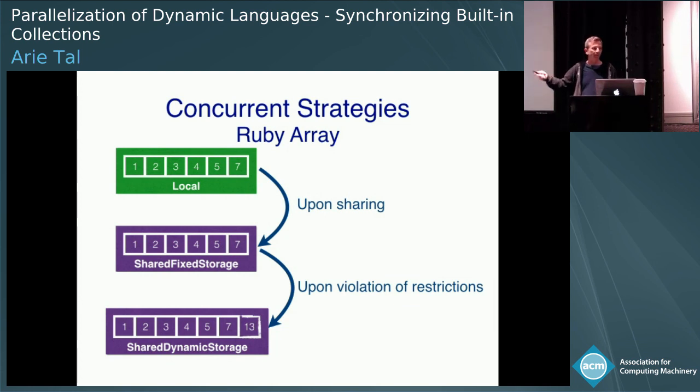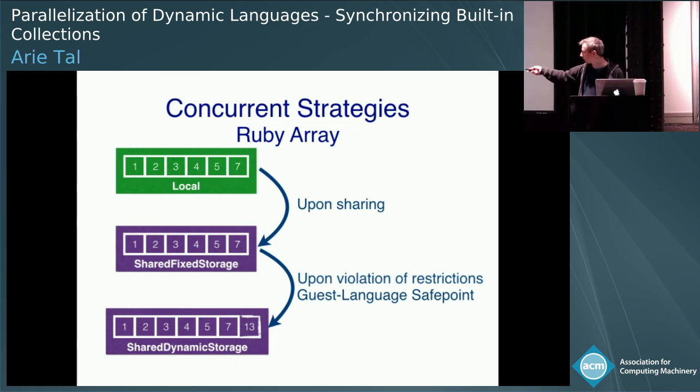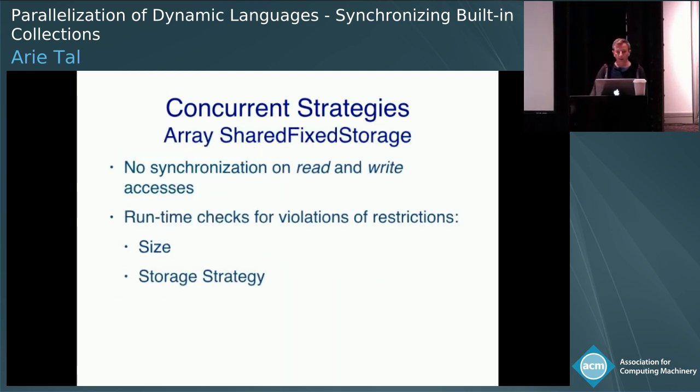We don't know who's accessing it or using it, so we use a guest language safe point, which is a form of barrier or stop-the-world kind of approach. We just wait for things to relax a little bit, and then we switch to the dynamic storage. And that's how we provide the thread safety for array.